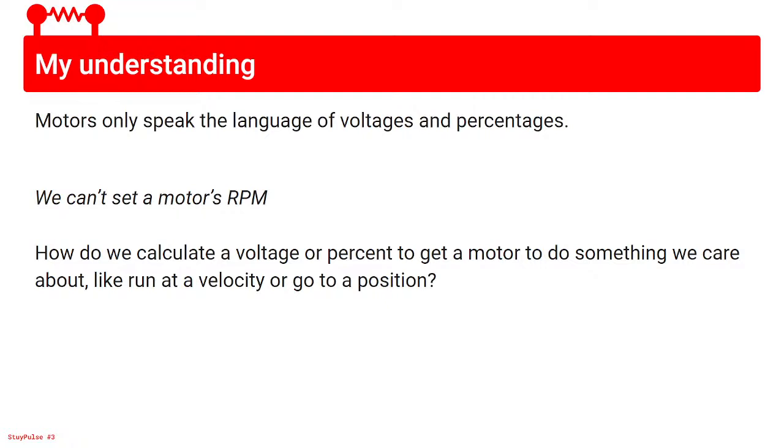So the problem control theory is trying to solve is how you calculate a voltage or a percentage to actually get a motor to do something that you care about, like running at the meters per second that you want, or going to the height or angle you're asking of it. Hopefully this illuminates what problem we're trying to solve.